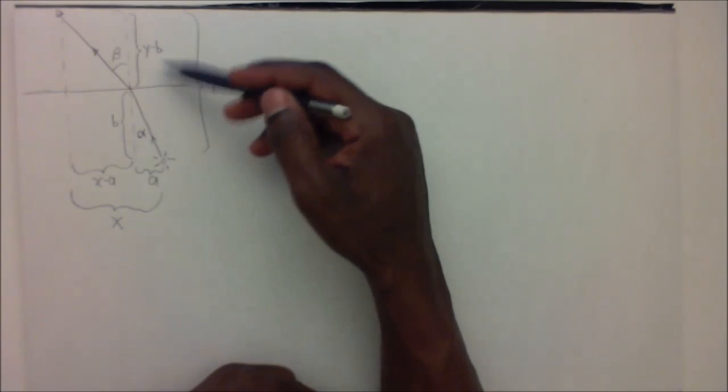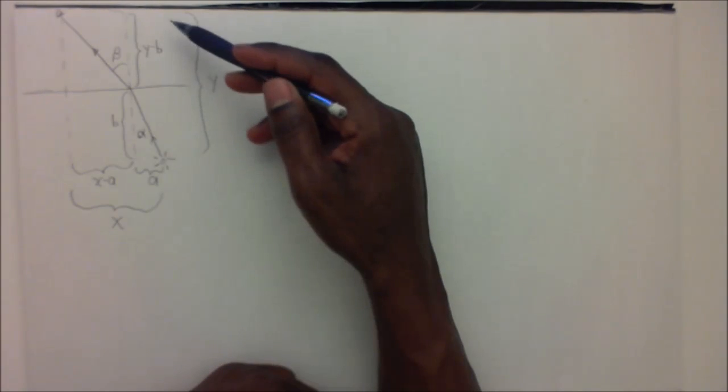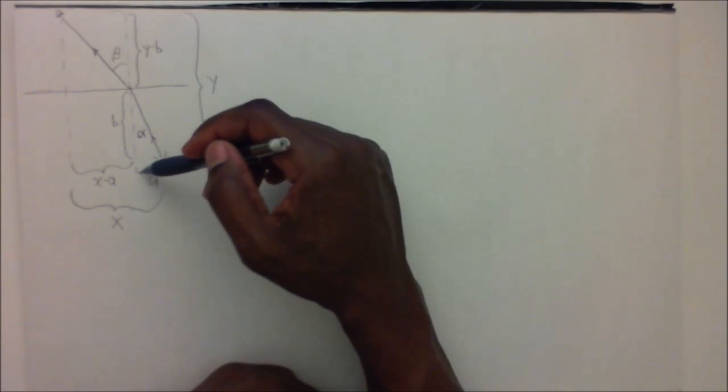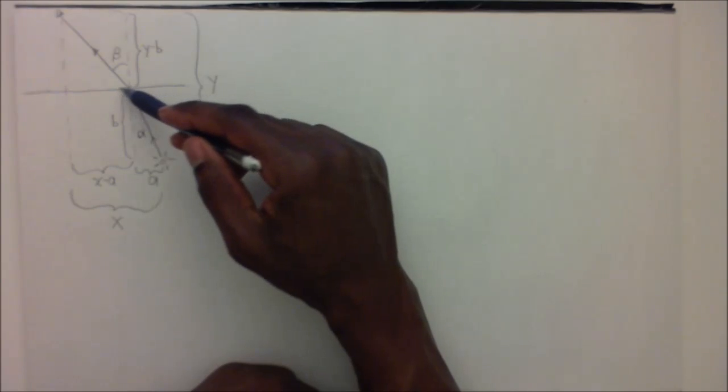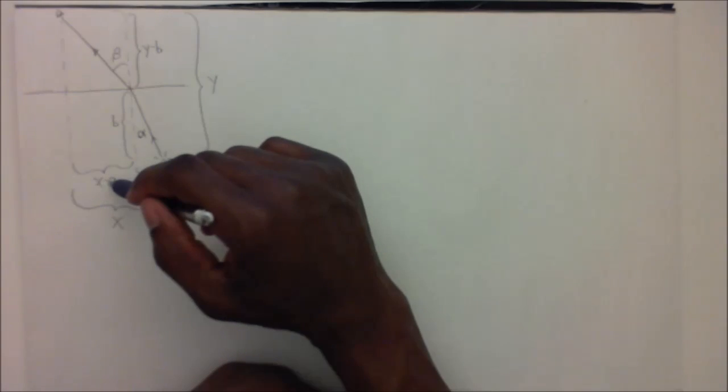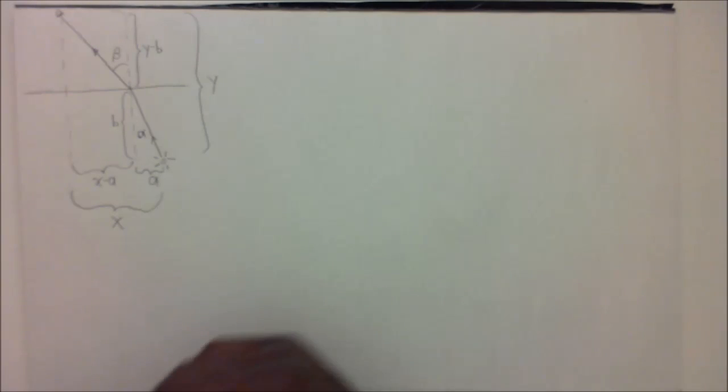Now, it's also important to figure out which are the constants and which are the variables. So y is not going to change, and neither is the thickness of medium A and medium B going to change. However, the horizontal distance a is the one which can vary, and naturally x minus a will also change.